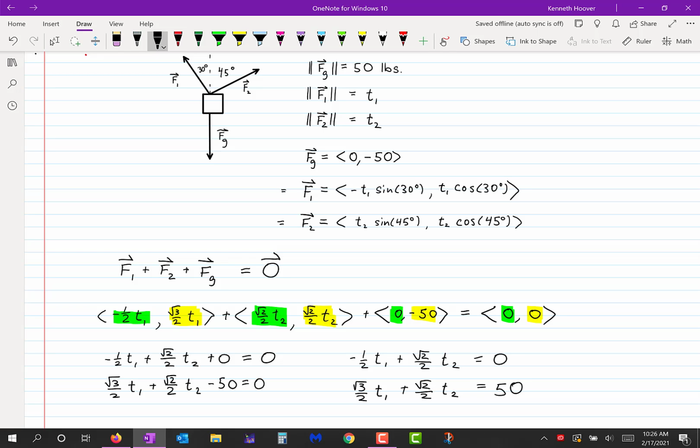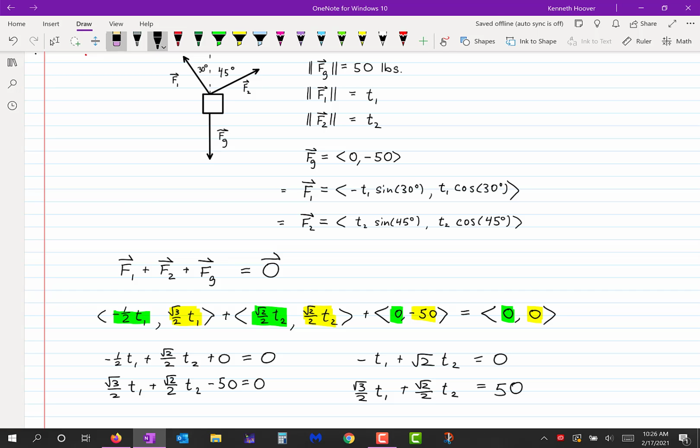And by the way, we can even make it nicer by doubling everything to cancel out the fractions. If you double both sides of the first equation, it becomes negative T1 plus root 2 T2 equals 0.